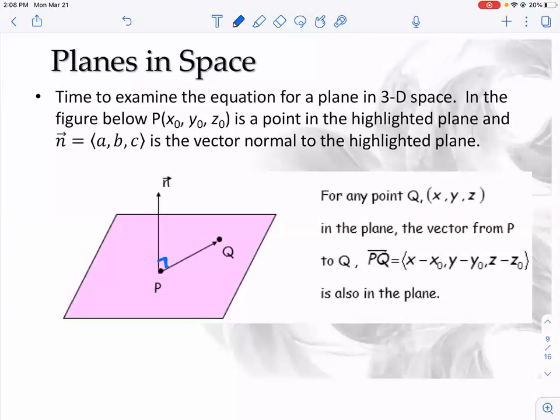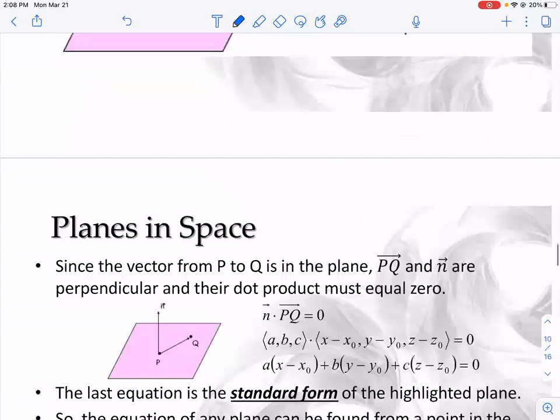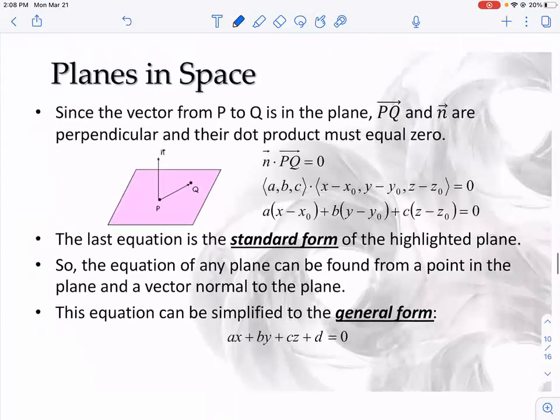You're not wrong. I'm just trying to fish for more. Thank you. Their dot product is 0. So if I take the dot product of N and PQ, then we have A times (x minus x naught), B times (y minus y naught), C times (z minus z naught), and when we do that, it should equal 0.